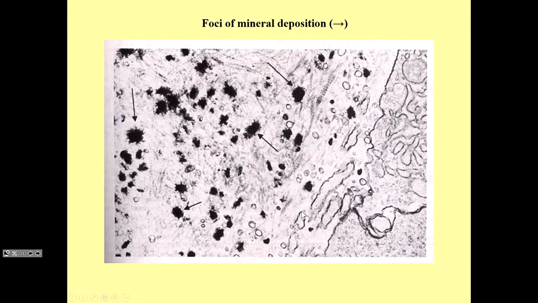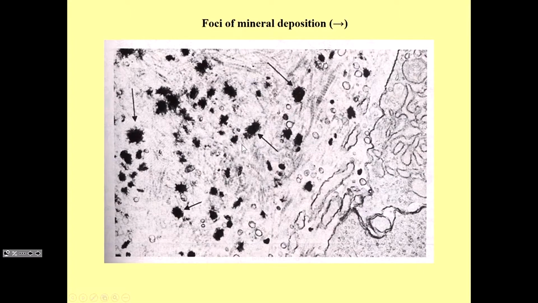So you can see that here. Here's some cytoplasm. This you may recognize as type 1 collagen. Type 1 collagen has that periodicity that we talked about last week. And you can see these black blobs pointed to by the arrow, which is calcium phosphate reaching a saturation point where it's starting now to precipitate out of solution and being bound by the proteins, the type 1 collagen and the glycosaminoglycans and proteoglycans of this forming osteoid.